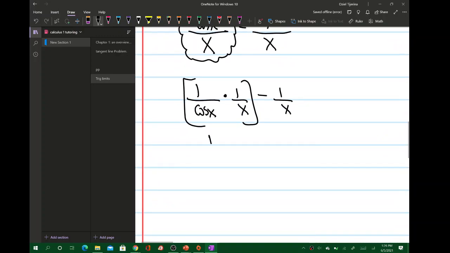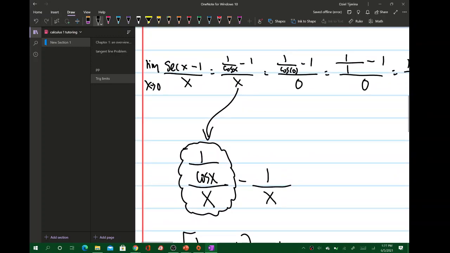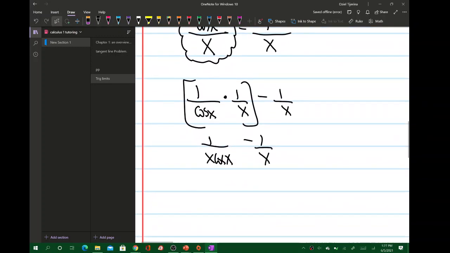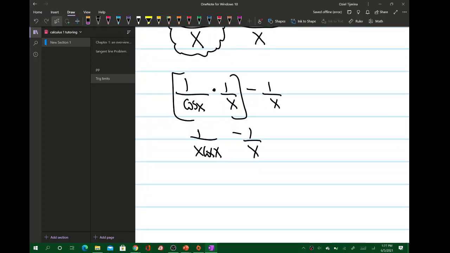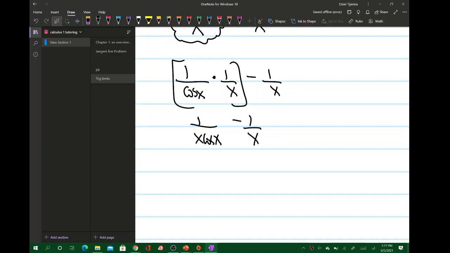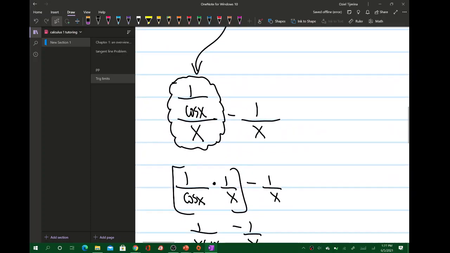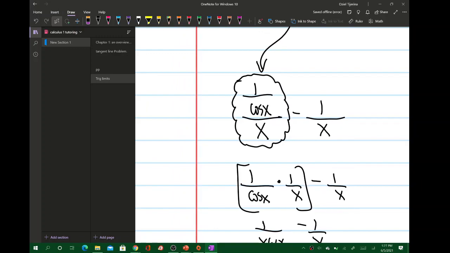So then we have 1 over x cosine x minus 1 over x, right? And then you do it again, and as the limit approaches 0, it still gives you an indeterminate form.